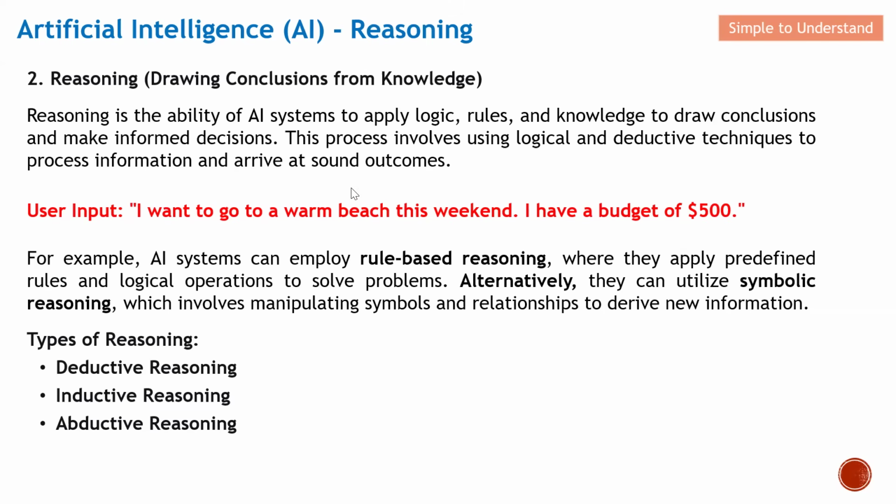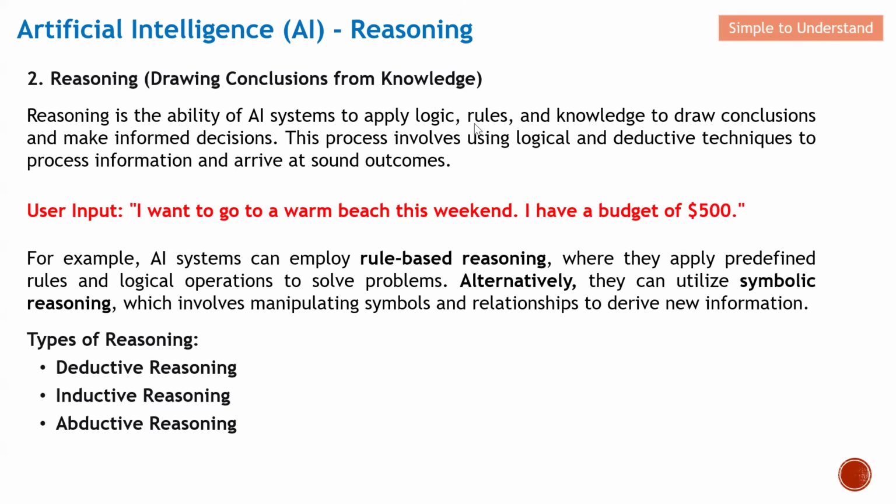If we say warm beach, we can assume that the beach needs to be at least 30 degrees. With 30 degrees, you can consider this a warm beach. This is one of the logic. Another logic is the weekend. What does weekend mean? Weekend means Saturday and Sunday. So you apply logic onto this user input in reasoning.